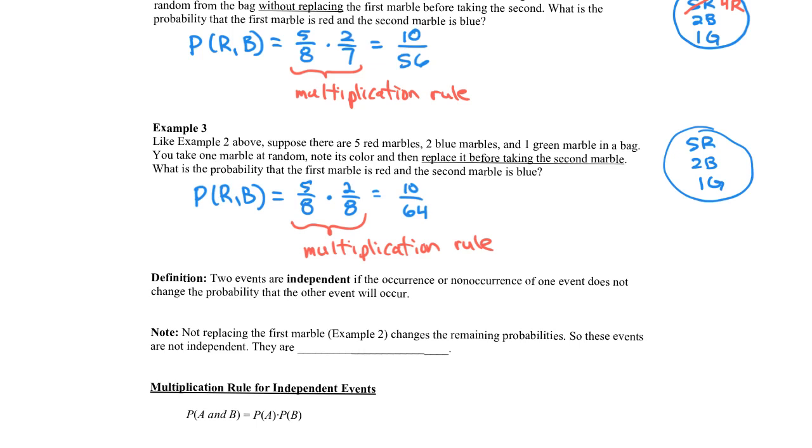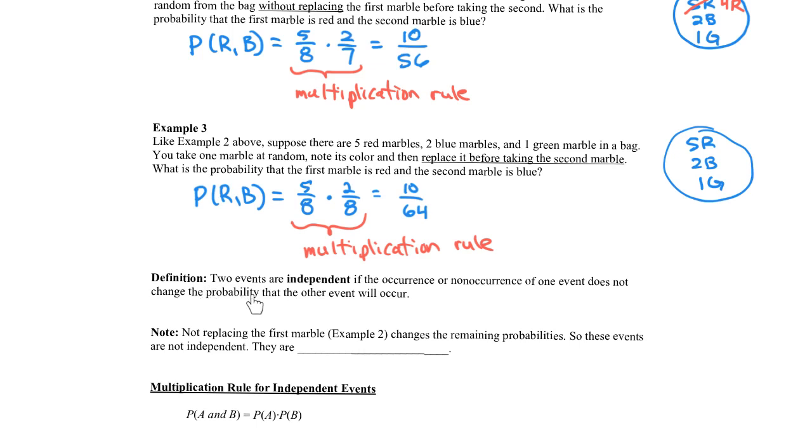So one thing you'll notice is that when we replace the marble, all the original probabilities are restored. Whereas here, the original probabilities had been changed when we didn't replace it. And a concept that's going to be important for us is this concept of events being independent.